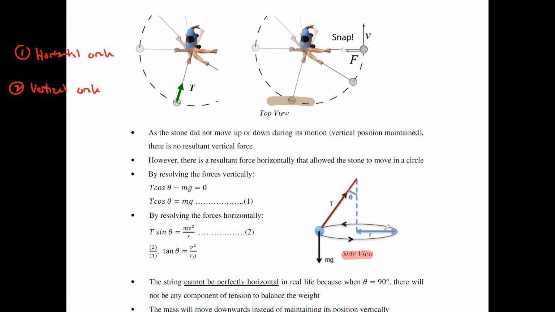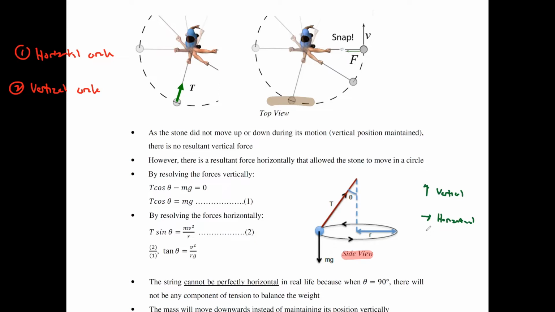When we look at the object from the side, there are two different directions to consider: the vertical direction as well as the horizontal direction. Just like your kinematics last time, when you have something that moves in a parabolic motion, like projectile motion, you always consider the horizontal motion and vertical motion, right? It's something similar here for circular motion.